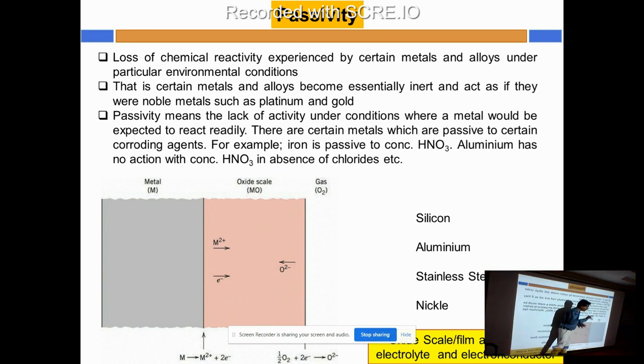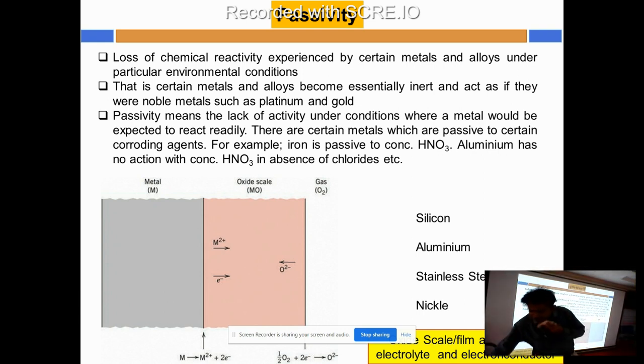So the meaning here is that the oxide layer formed acts as an electrolyte as well as a conductor. That's what I have written here: the oxide scale or film acts as both electrolyte and electron conductor. Fine.